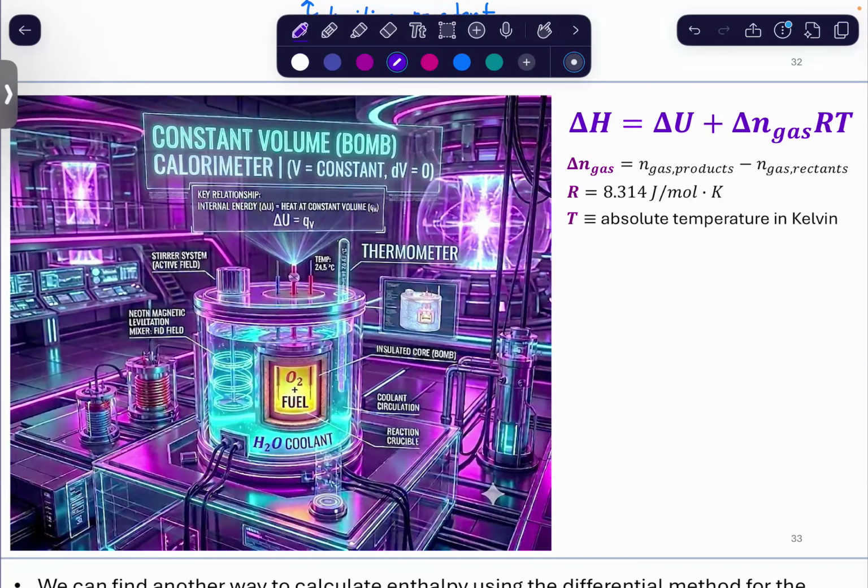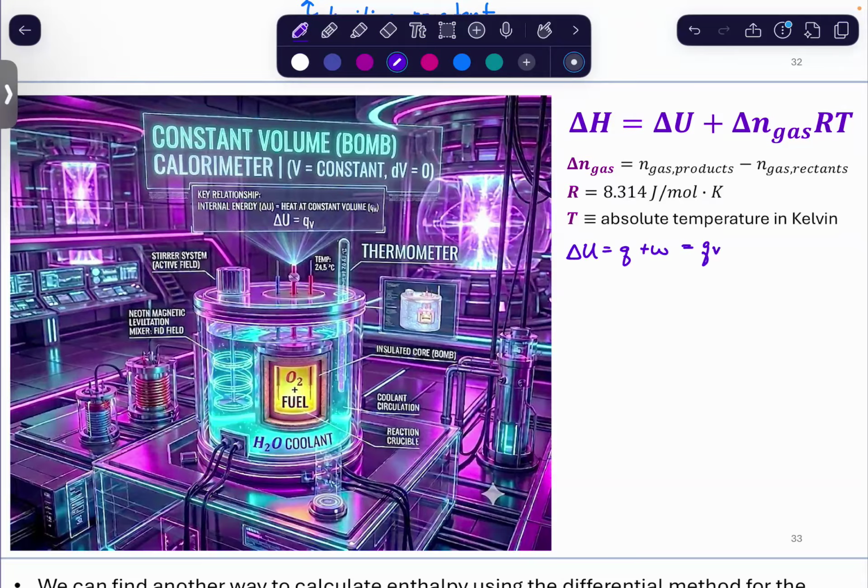The reason that delta H is a little different this time is let's think about what happens. These are constant volume situations. So let's start with delta U equals heat plus work, which we remember.